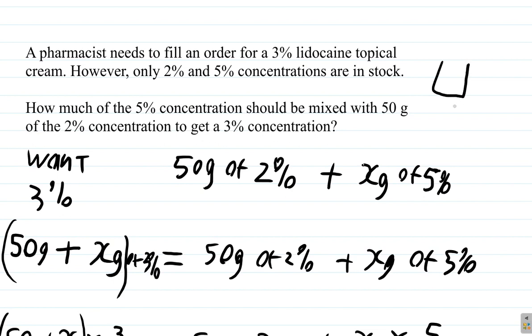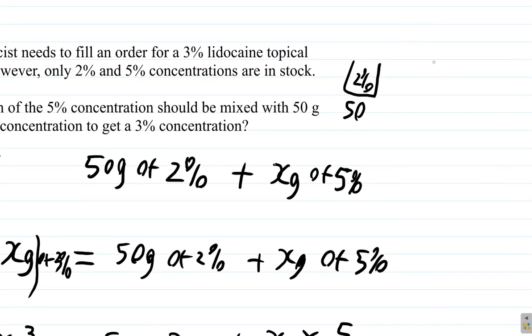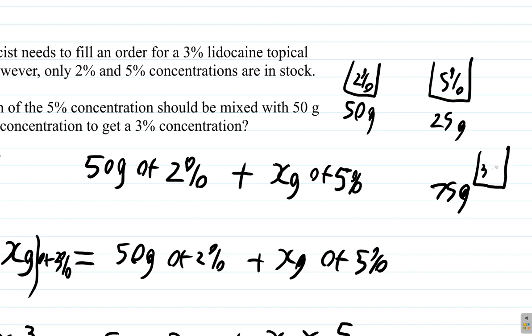So what you have is 50 grams of the 2% plus 25 grams of the 5% to get a total of 75 grams of the 3% concentration. Alright?